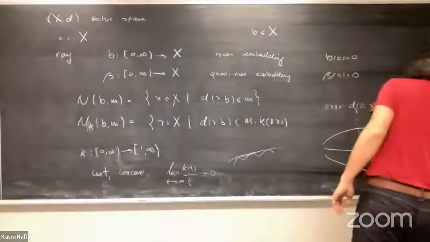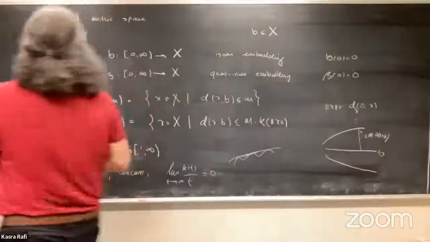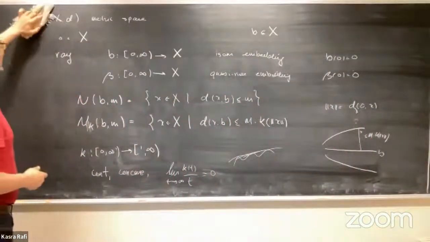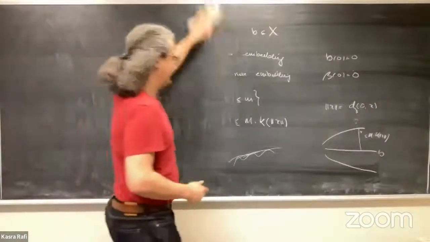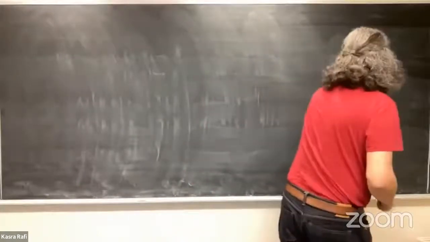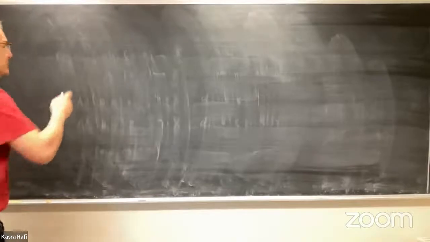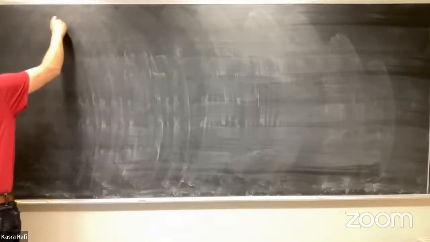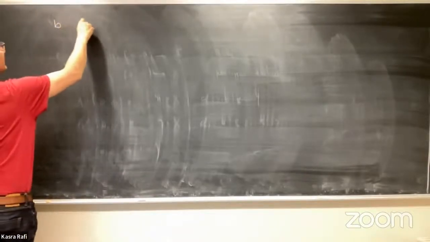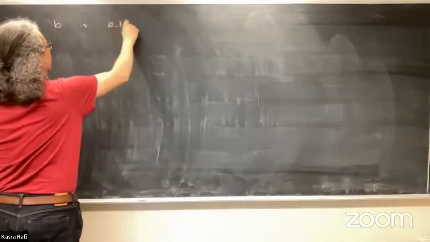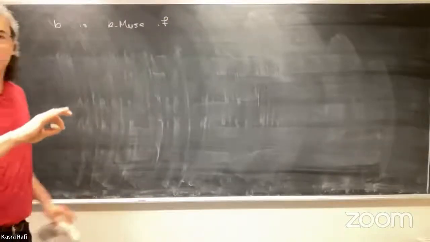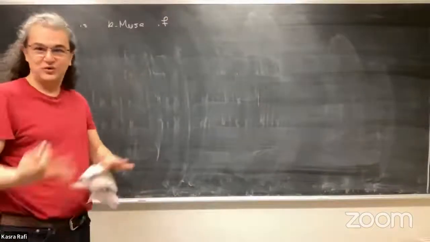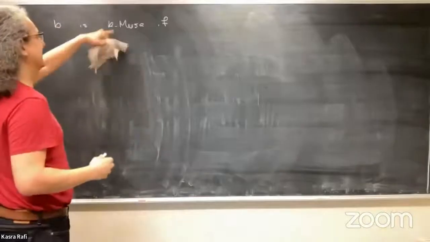Is everybody happy with all the notation? So we're not going to repeat all this. This is always assumed. So what was our definition of sublinearly Morse? We would say B, which is a geodesic, remember, is kappa Morse if you have this dichotomy that you're either linear or you stay in this exact thing, right?